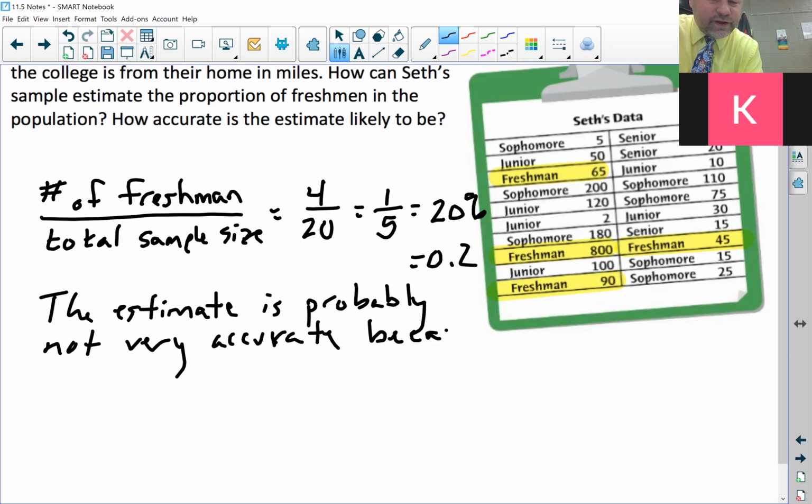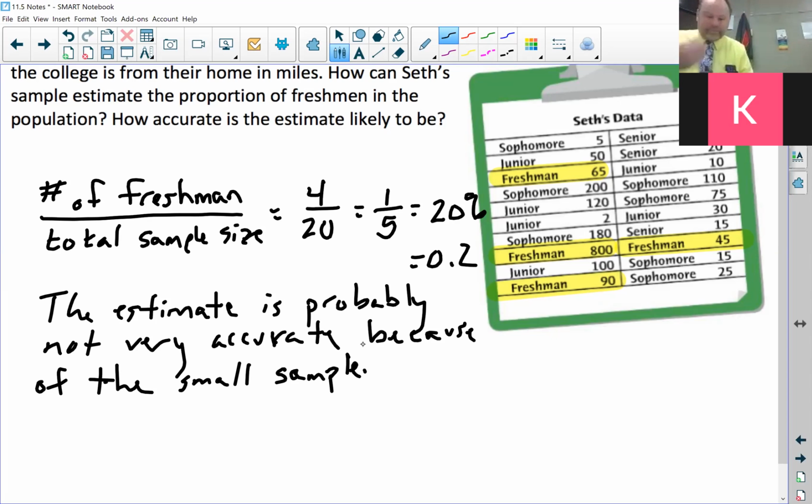And it's not very accurate because of the small sample. So that's Seth's data and number of freshmen.